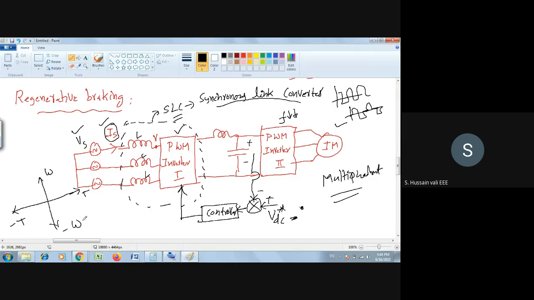We have seen in the case of choppers how we can operate the DC motor in all four quadrants. We know very well this is forward motoring, and this is forward braking. This is reverse braking. Sorry, it's not reverse braking, it is reverse motoring.